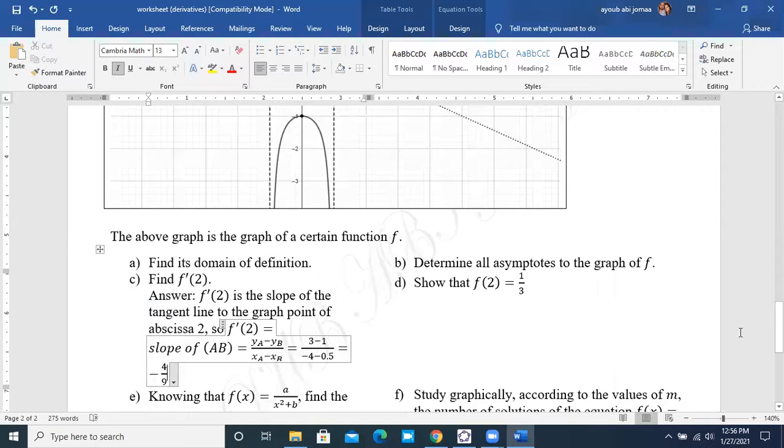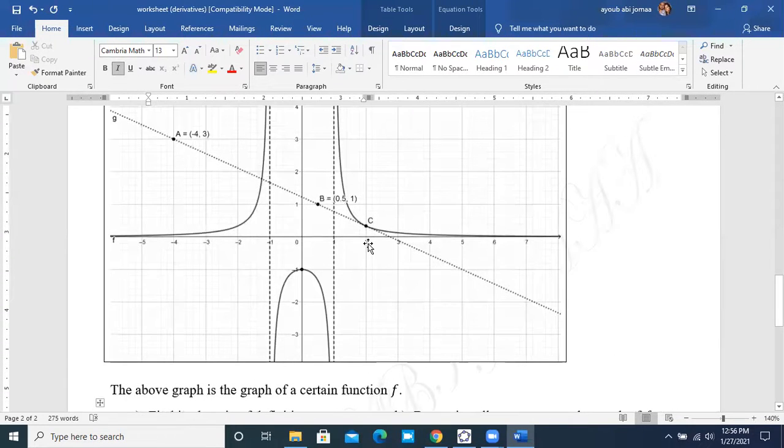For part C, f prime of 2: the point on the graph with abscissa 2 is point C. Where is it? Here. Okay, so f prime of 2, we said, is graphically the slope of the tangent line to the graph at the point of abscissa 2, so it is the tangent to the graph at C. You are given the tangent line like this dotted line. So f prime of 2 is the slope of this dotted line.